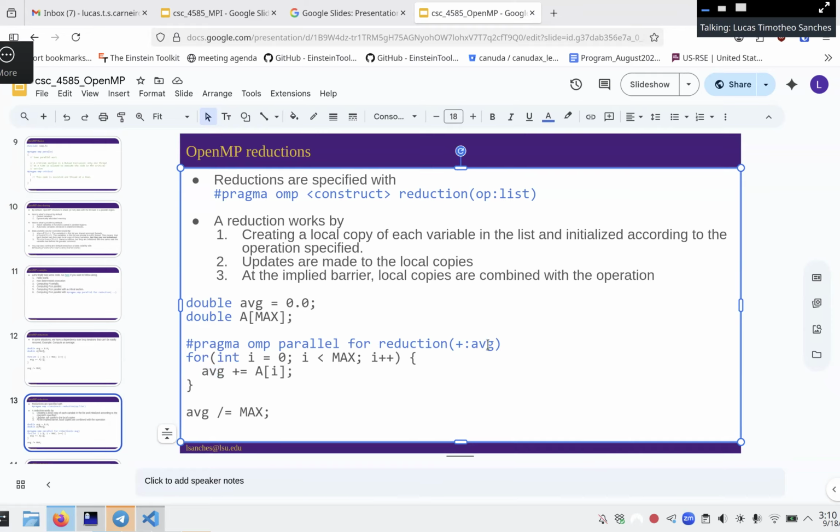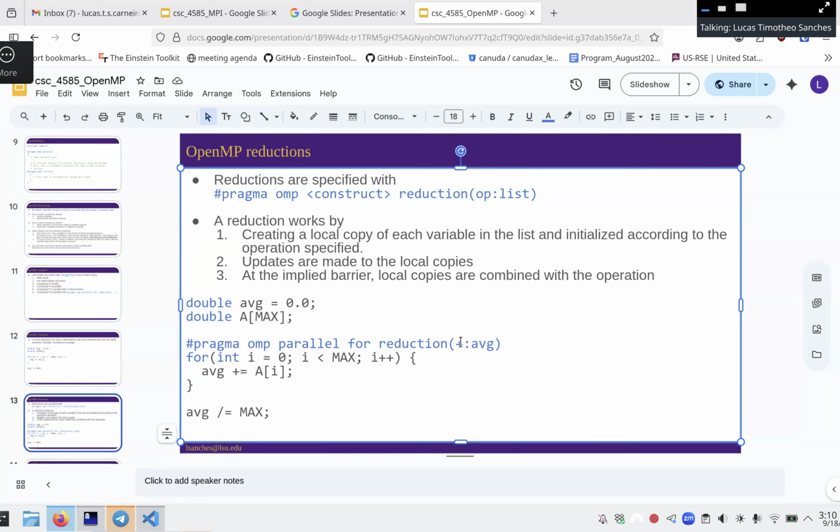And remember, what reduction does is basically it says that this variable called AVG will have a local copy on each thread. And at the end of the parallel work, the operation that's specified here will be applied to each local copy of the variables.